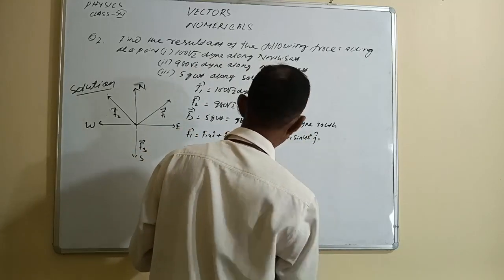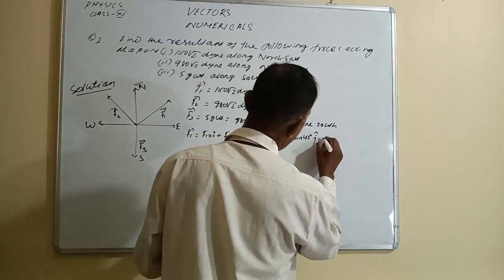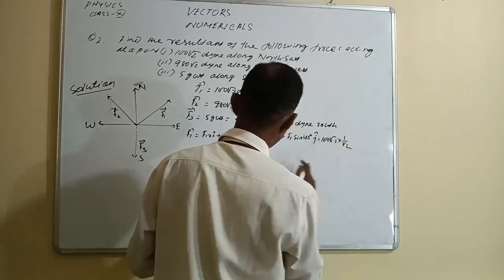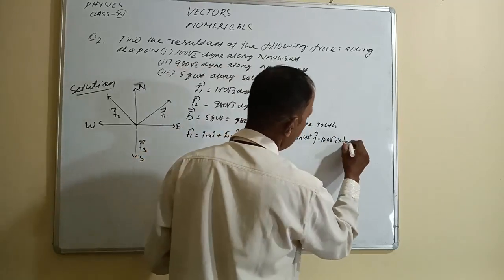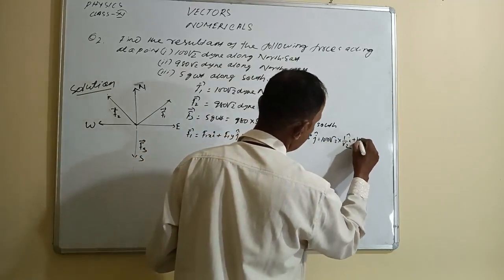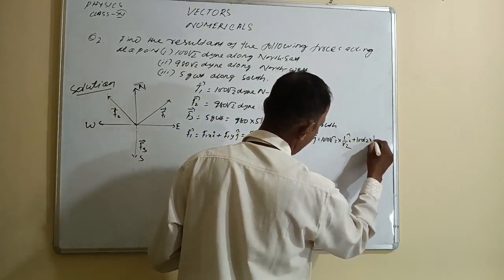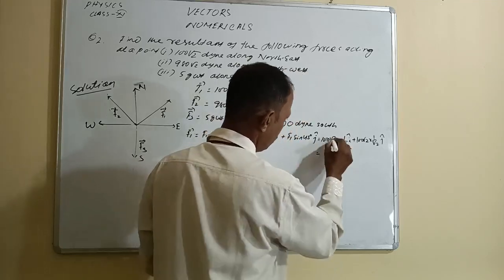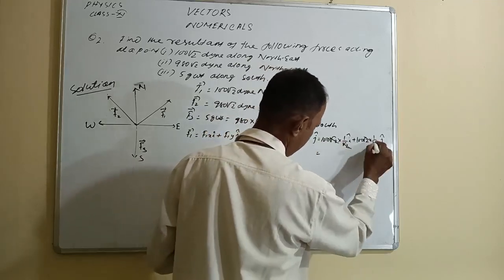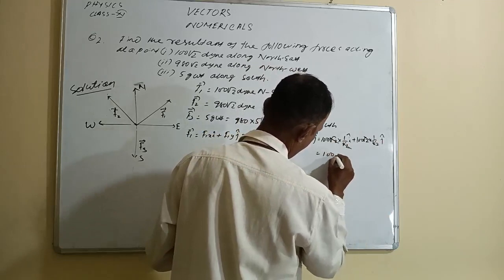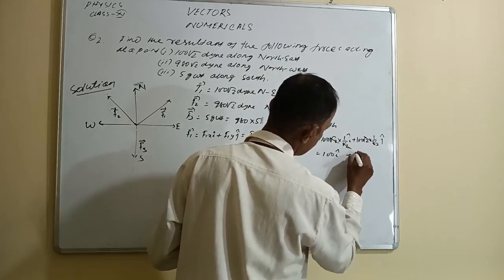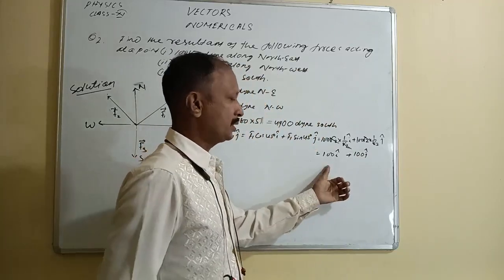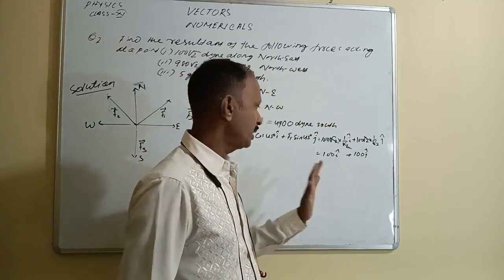This is equal to 100 root 2 into 1 by root 2 i cap plus 100 root 2 into 1 by root 2 j cap, which is 100 i cap plus 100 j cap. This is along x axis, this is along y axis, so I can't add it.